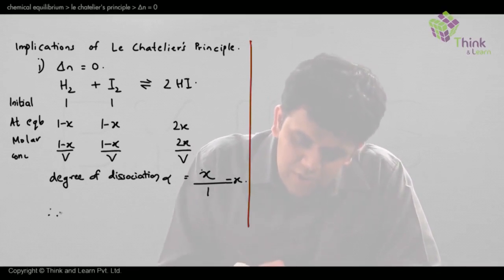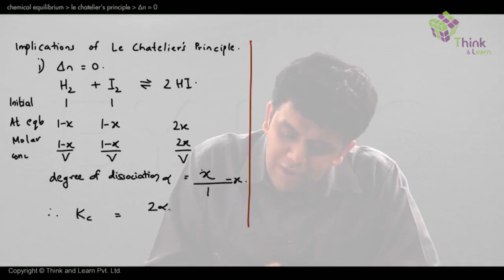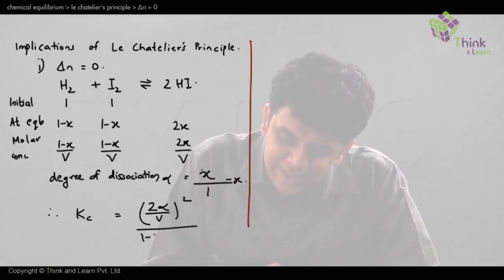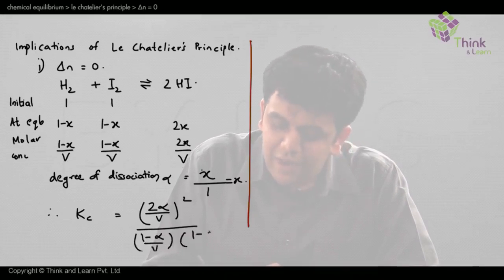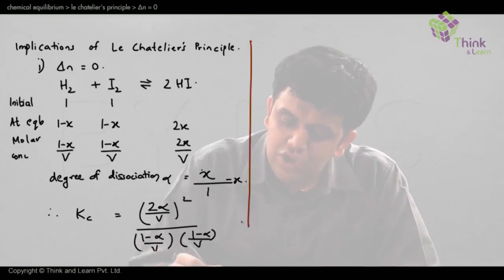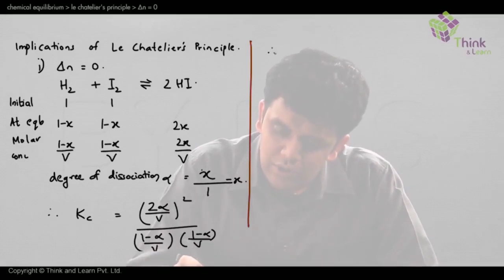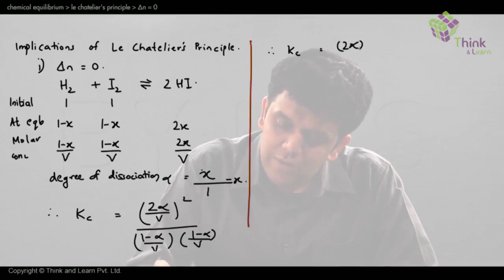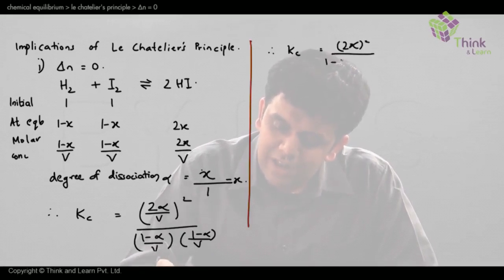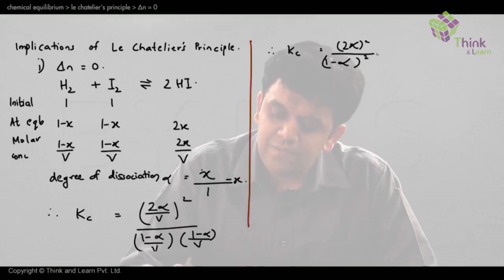Therefore, Kc is equal to (2 alpha/V) the whole squared divided by (1 minus alpha)/V into (1 minus alpha)/V, which comes to Kc equal to (2 alpha) the whole squared divided by (1 minus alpha) the whole squared.